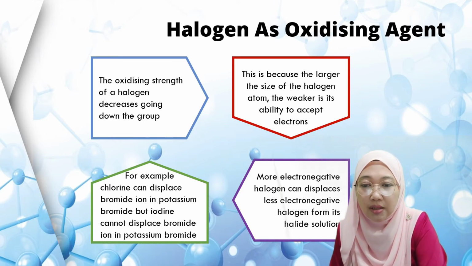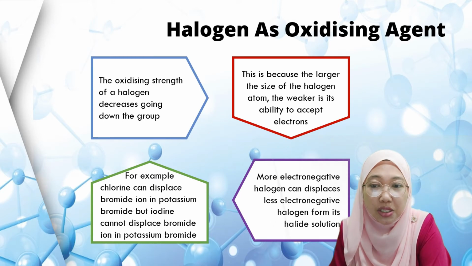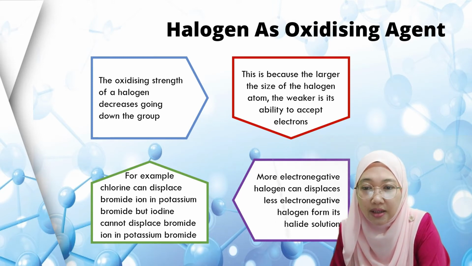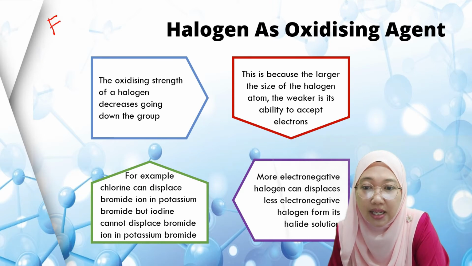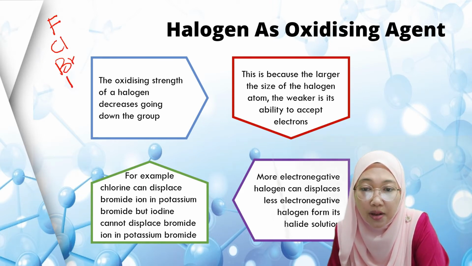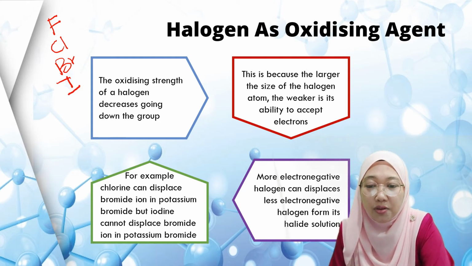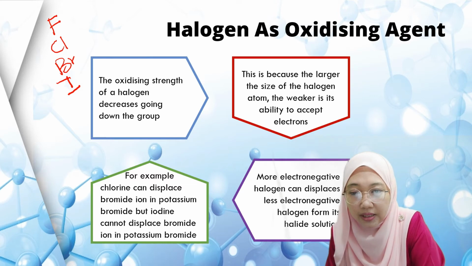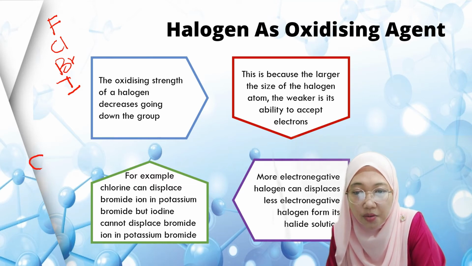Okay, kita buat chemical equation untuk bagi dia clear ya. Apa maksud dia? Okay, dalam group 17, first sekali, yang atas sekali kita ada fluorine, followed by chlorine, bromine, and iodine. Okay, so, bila dia kata chlorine can displace, so kita ada Cl2 plus potassium bromide, KBr.